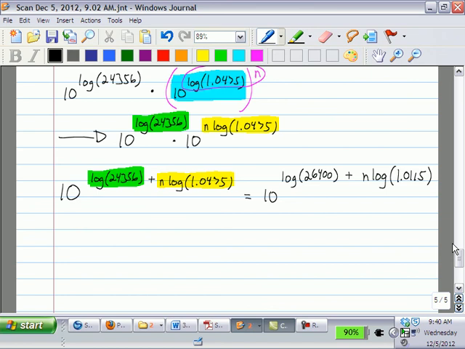Jason, we have now established a common, not an acid, but a, what? Base. Common base. So you got 10 on both sides. We can actually get rid of it.